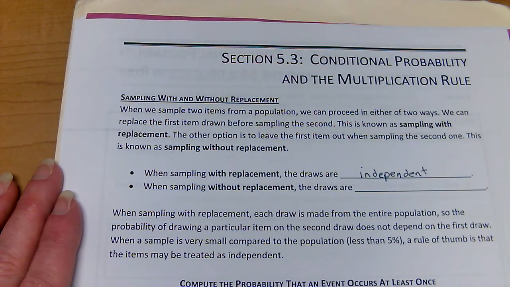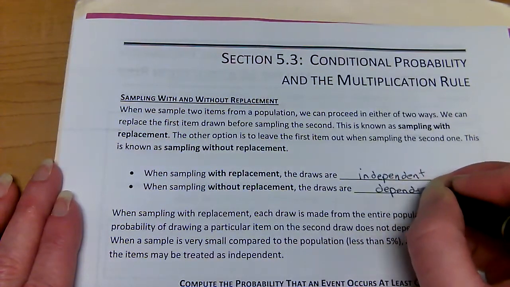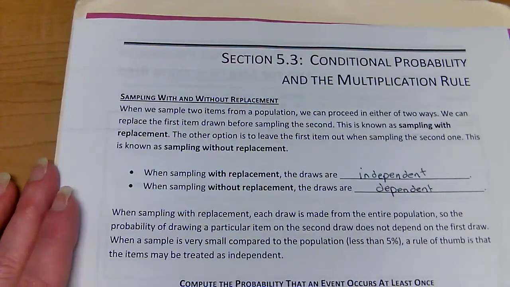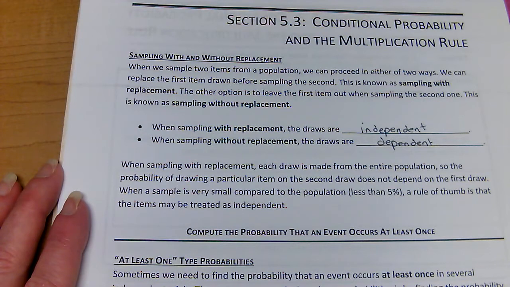It's changing what's left. So they are dependent of each other. When sampling with replacement, each draw is made from the entire population. So the probability of drawing a particular item on the second draw does not depend on what we had on the first draw. When a sample is very small compared to the population, less than 5%, a rule of thumb is that the items may be treated as independent.